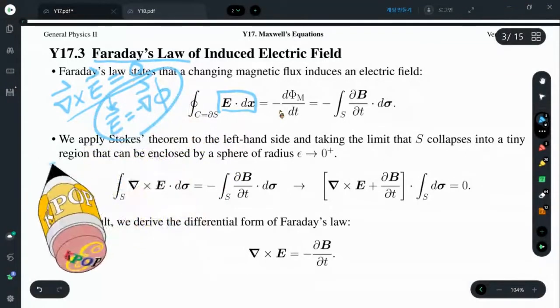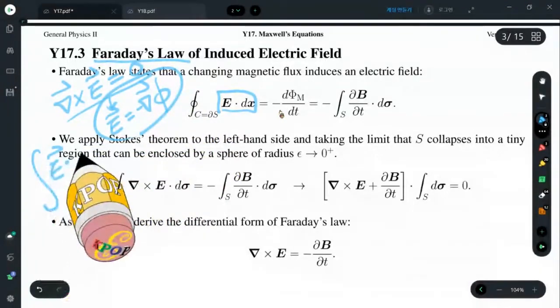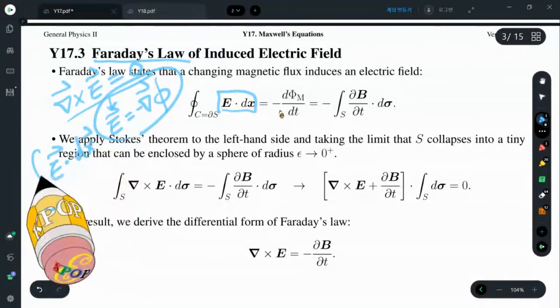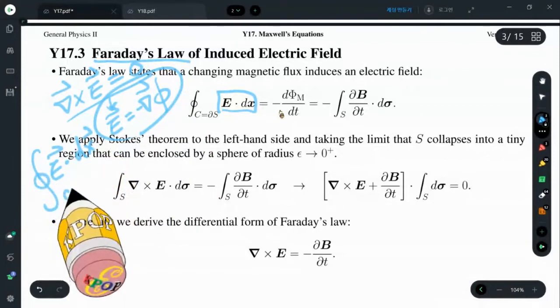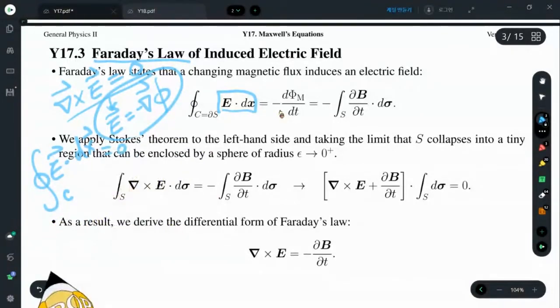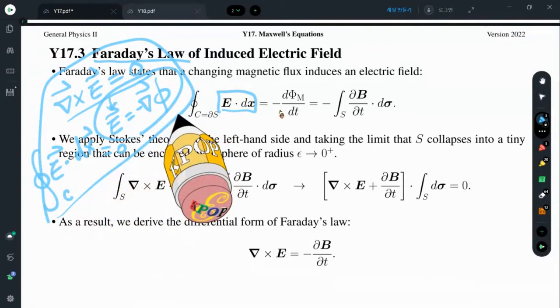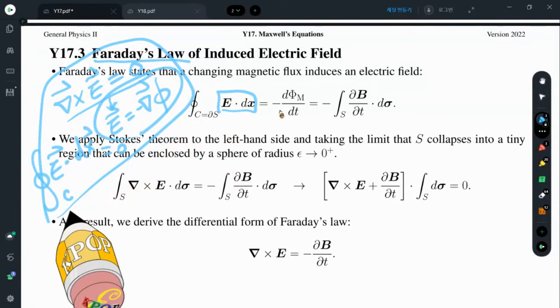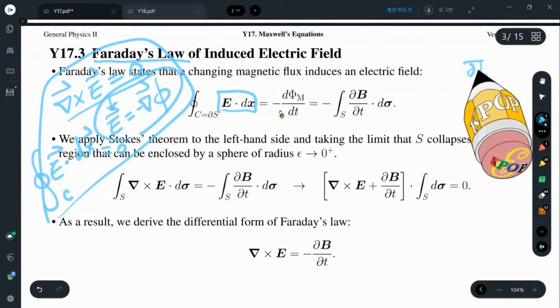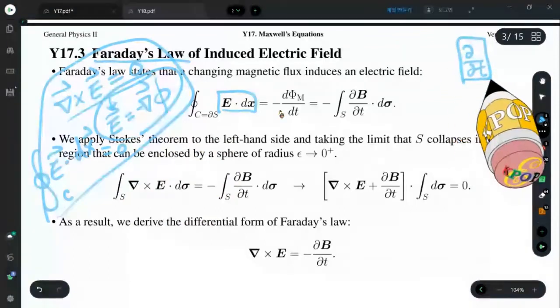In this case, the electric field integrated over a closed path is always 0. This is a conservative force. However, this is true only in the steady state, which means there is no time dependence.